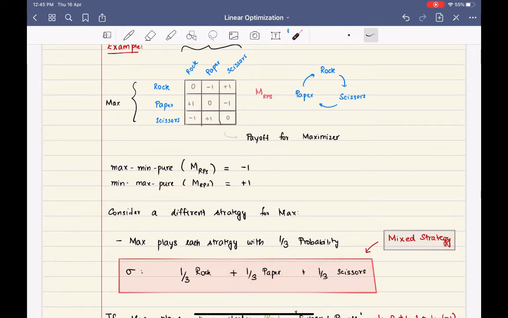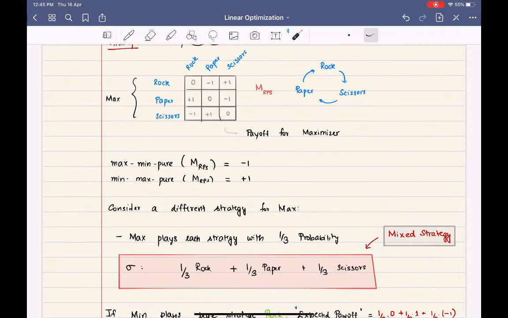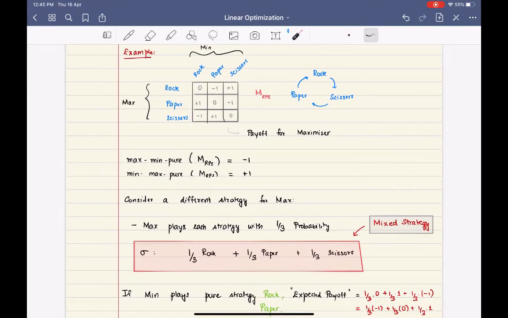So such a strategy is called a mixed strategy. Here you are mixing over pure strategies, or a randomized strategy. Now with this strategy of the maximizer, suppose min plays the pure strategy rock. Okay, min is always playing this.